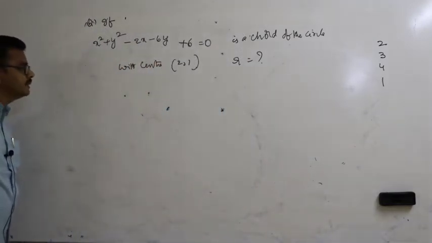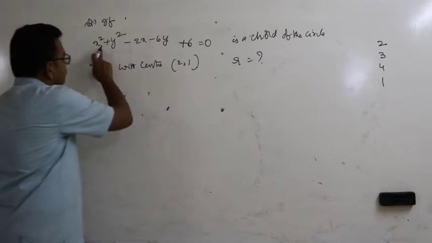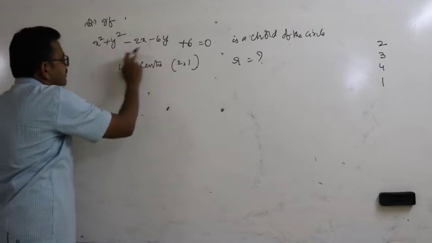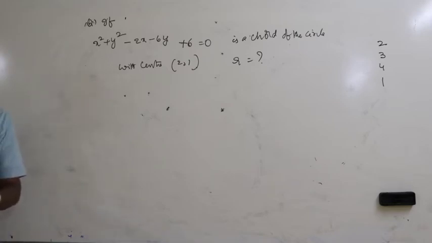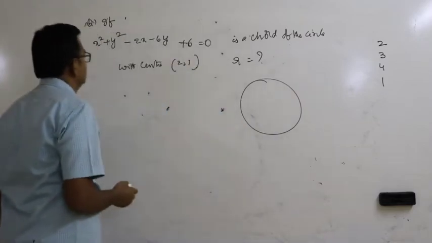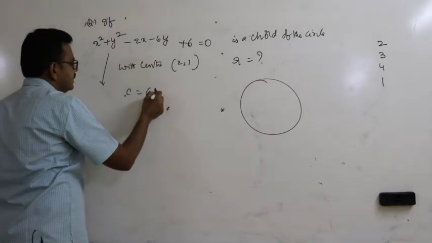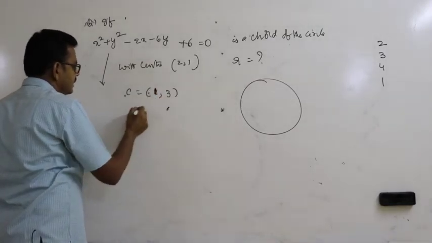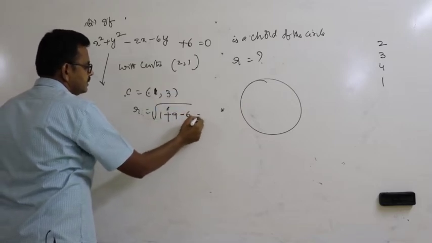One of the diameters of the circle is the chord of the circle with the center 2 comma 1. So for the circle, the center is minus g comma minus f, and the radius equal to root of g square plus f square minus c, that is 2.